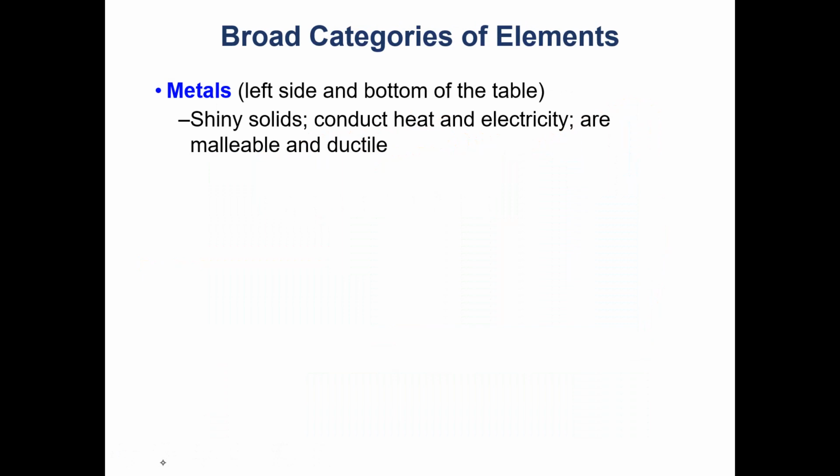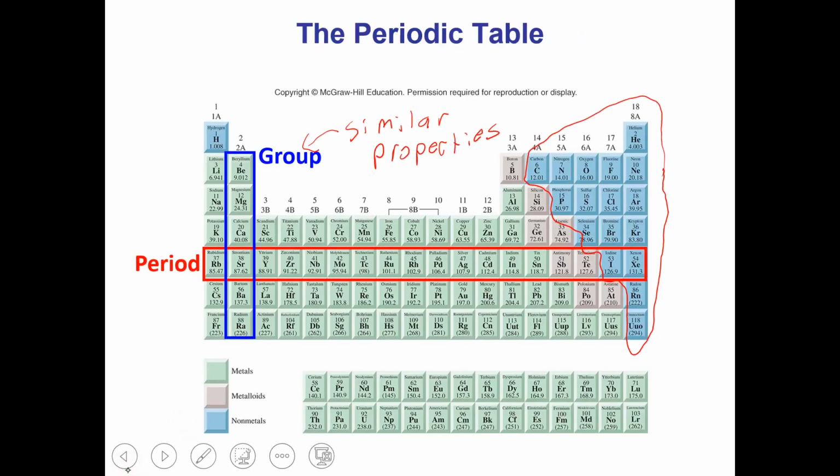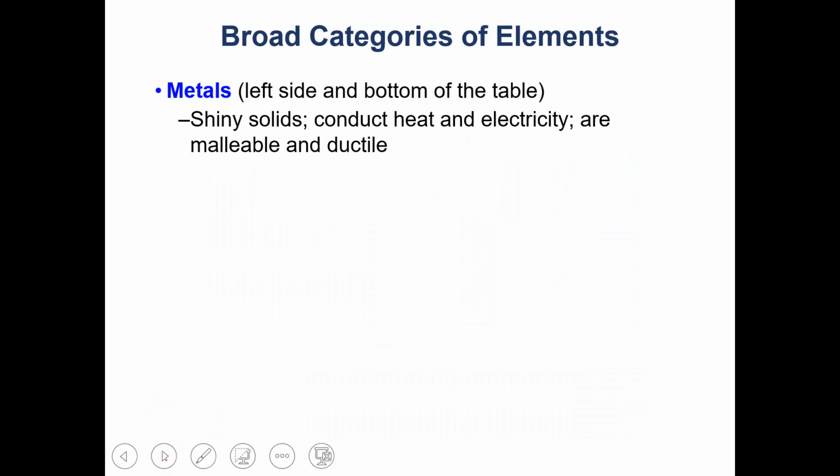Metals are the category that take up the bulk of our periodic table. They're the elements that are on the left side towards the bottom of the periodic table. If we look back at our periodic table here, those are all the ones that are in green. So metals tend to be shiny solids.